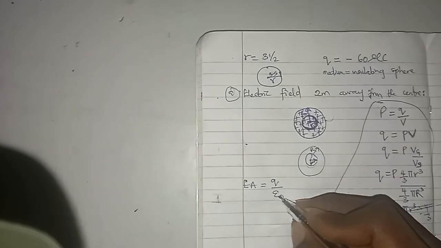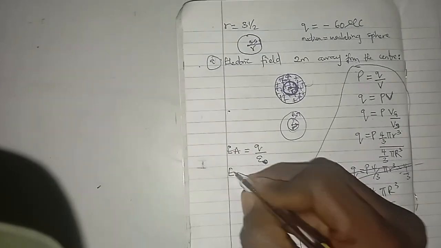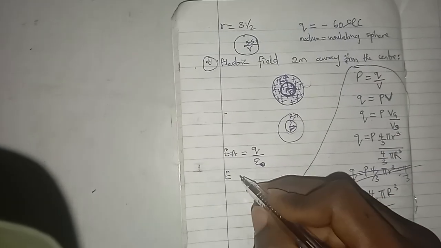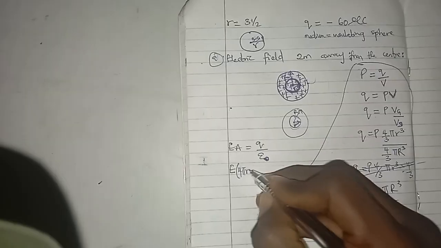So replace. I have EA. Let me put my E, that is what I'm looking for. Then this is a sphere. Area of a sphere is 4 pi r square.